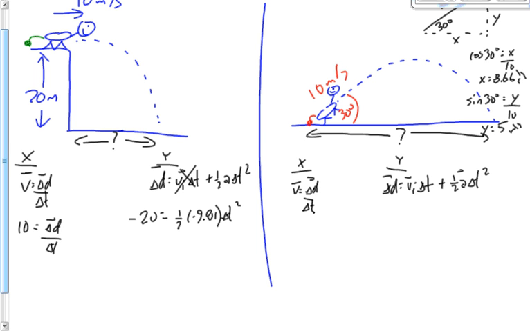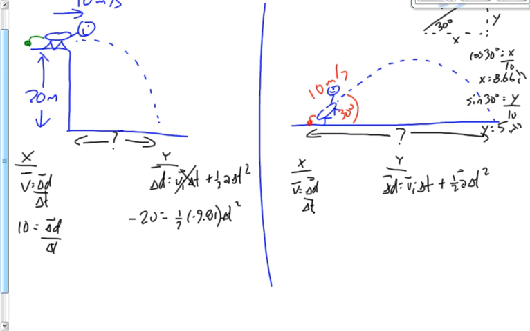Let's come over here. What's v for the x component? Oh, who's going to give me this one? First time. What's v for the x component? Nope, not 10 meters per second. 8.66 meters per second. See that, guys? We don't like that funny angle. We don't like 10 meters per second at 30 degrees.